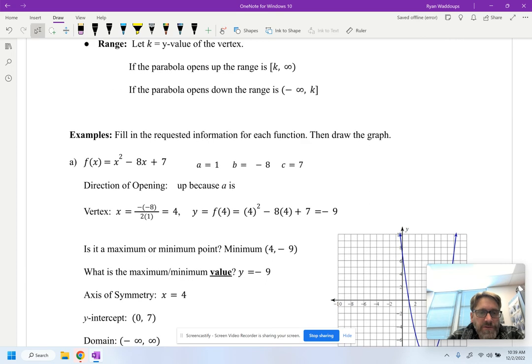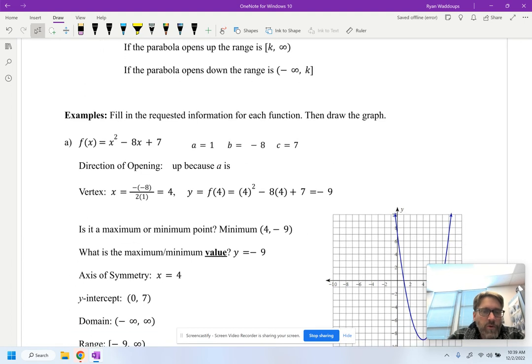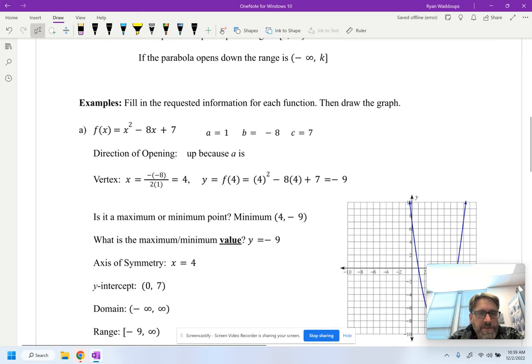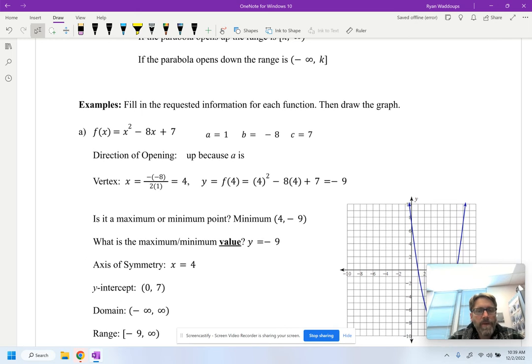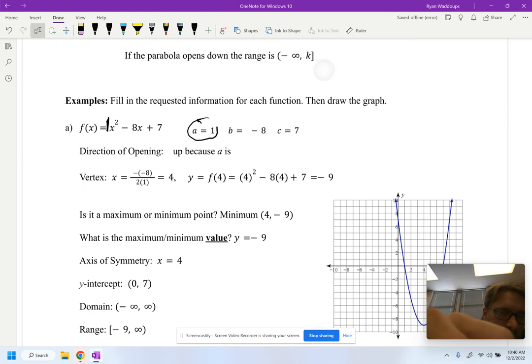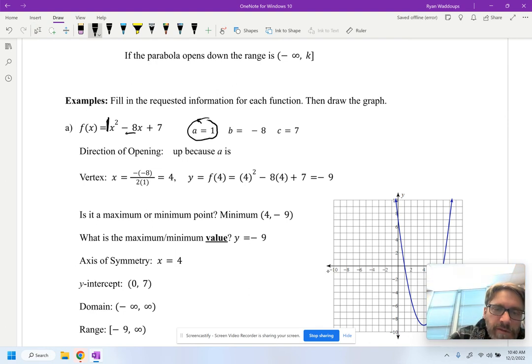All right, let's look at some examples here. Fill in the requested information for each function, then draw the graph. So looks like they have already drawn the graph for us on that one. That's nice. But let's figure out why we have those values. So first of all, there's nothing in front of my x squared, which is the same as saying that the a value is 1. b is negative 8.